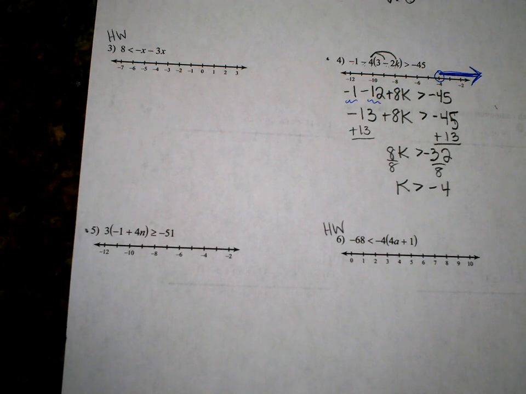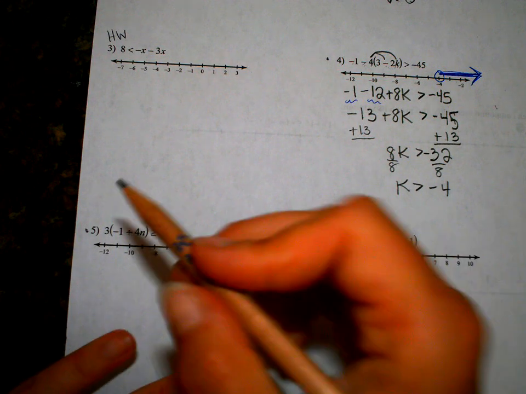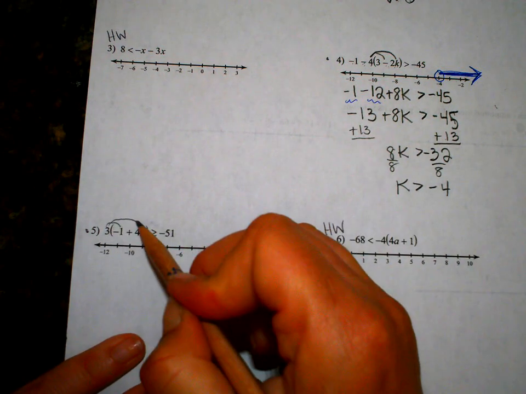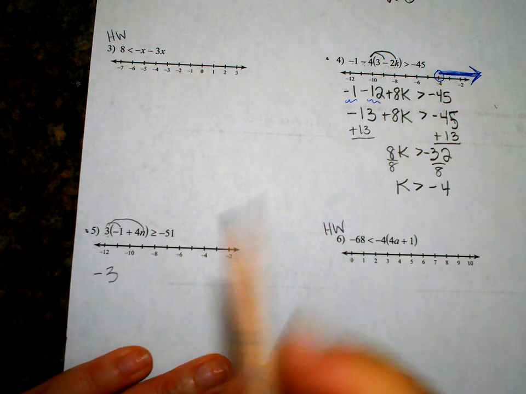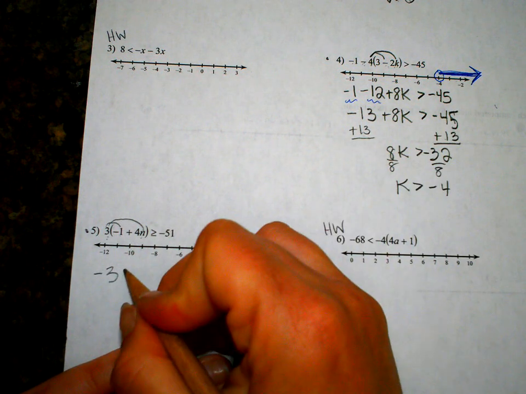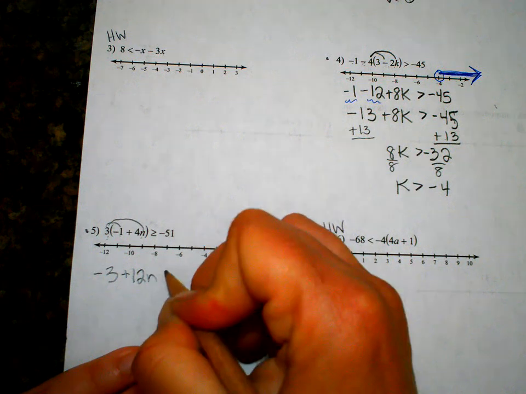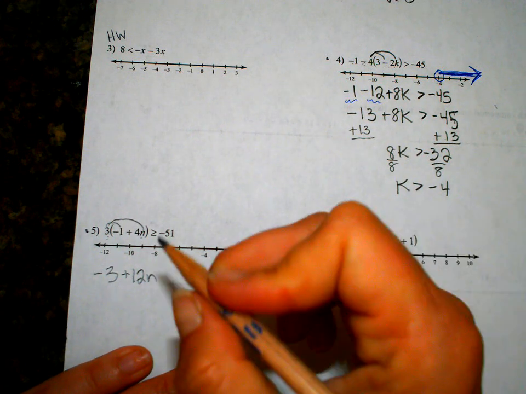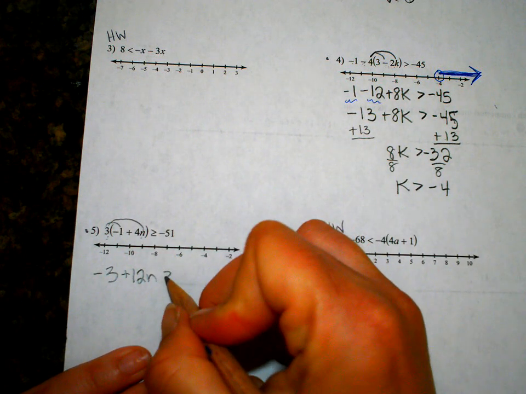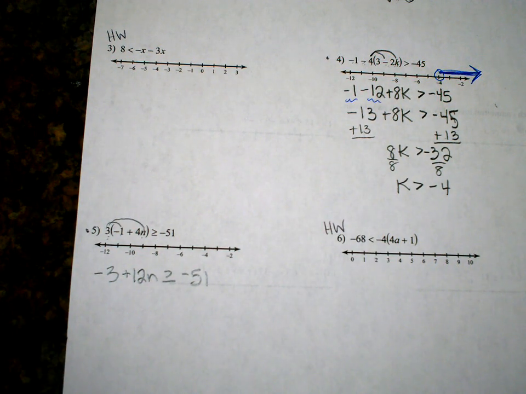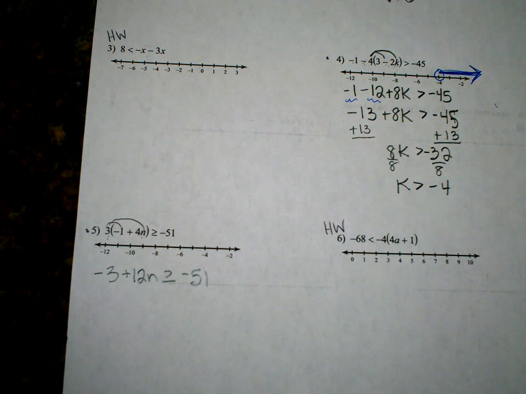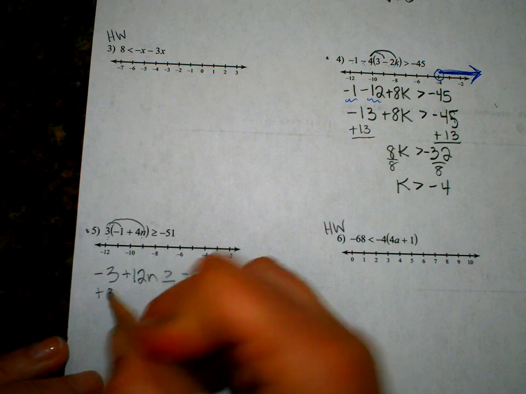Number 5. So, distribute first. 3 times negative 1. 3 times 4n, positive 12n. Distributive property. Greater than or equal to. Good. Get the constants together first, which means the 3 and the 51. So I'm going to add 3 to both sides.